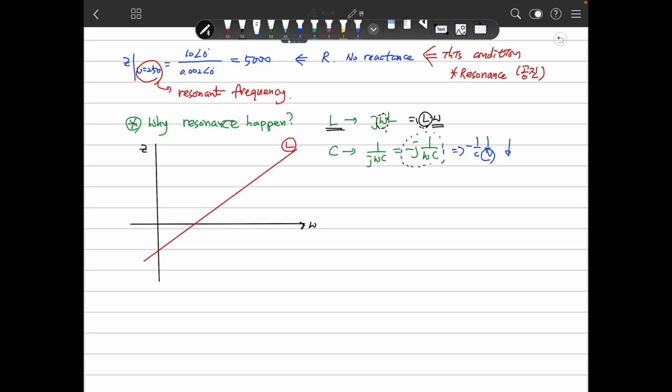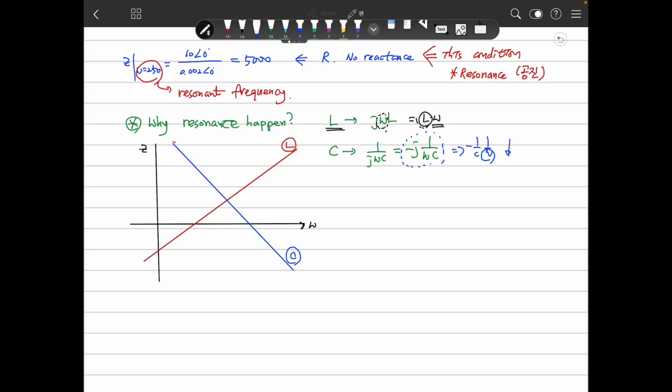So in the case of the capacitor, the impedance decreases in this manner. This is the capacitor.